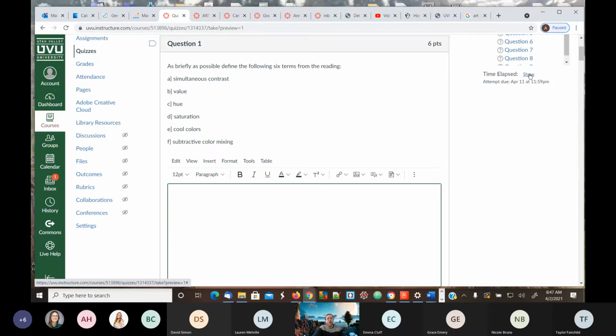Basically the pigment hides all the colors they don't want you to see. And so that's what subtractive color mixing is, just working with pigments. And there's a section that describes that in the textbook. So when you get to this, I would recommend going through your textbook and having it open in front of you as you're taking the quiz.